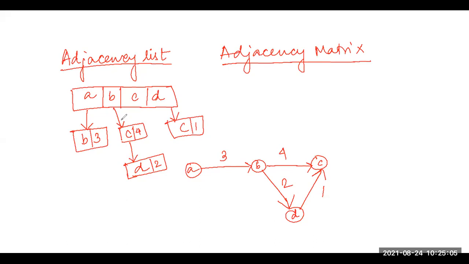So an array where each cell represents a vertex and each element in the array is a list, and this list will contain all the adjacent vertices. So an array of linked lists is what is known as an adjacency list, and I can represent my graph like this, be it a directed graph, a non-directed graph, a weighted graph or a non-weighted graph.